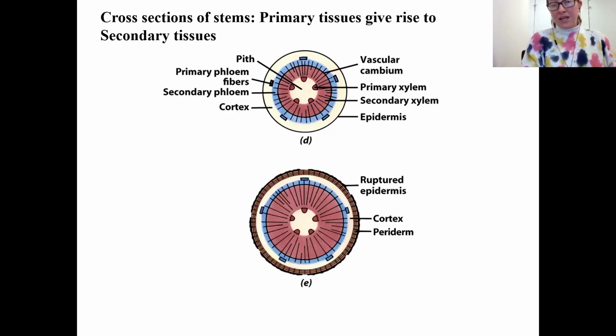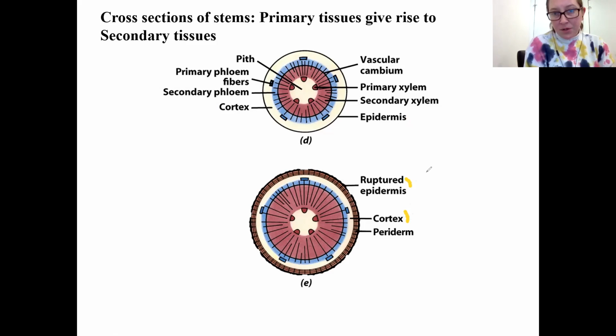But by the time we get to E, we're losing a lot of the primary tissues. We're running out. We mostly have only secondary things, right? So there's a little bit of cortex left, which is primary. And there's a little bit of epidermis left, but it's ruptured now and it's going to go away.